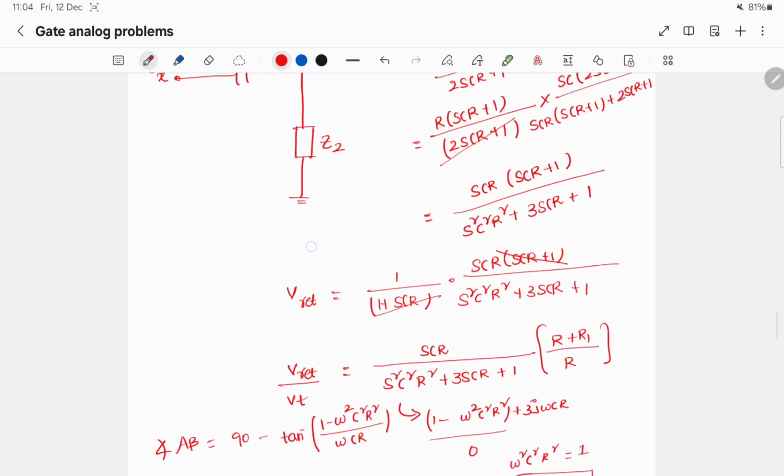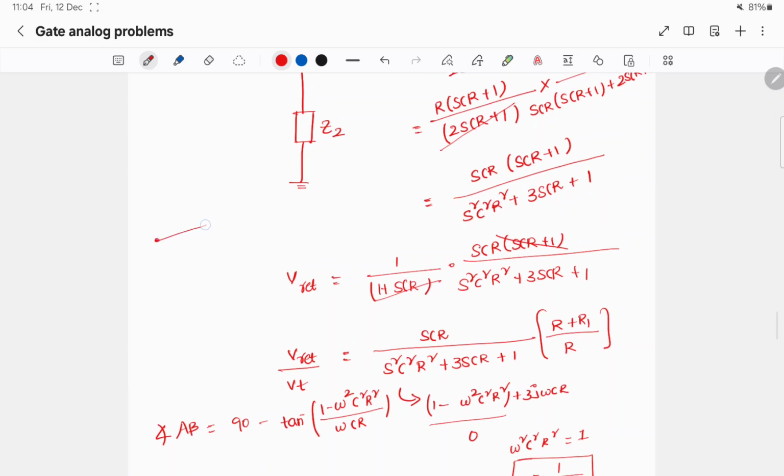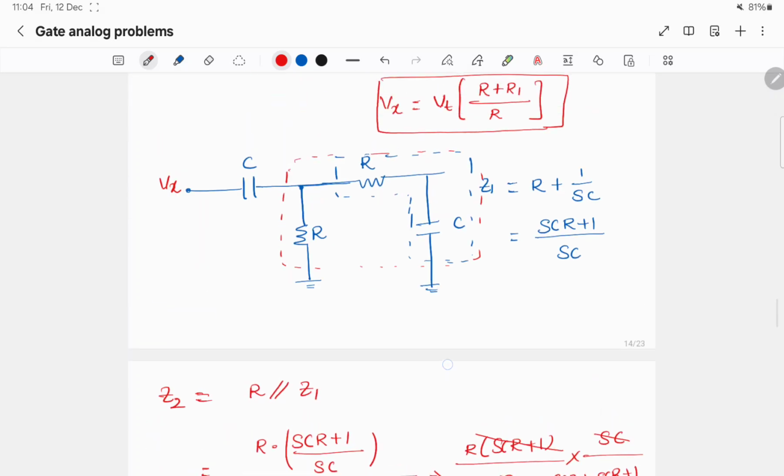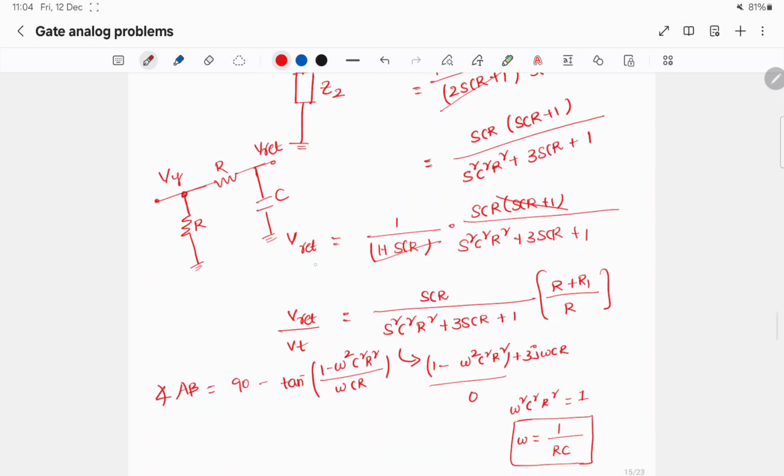So here we have the circuit, R and C. We got this node potential as Vy, this expression, and here this potential is V return. We have to find out V return.